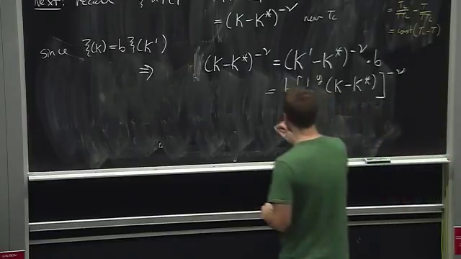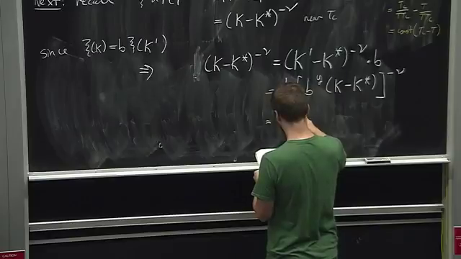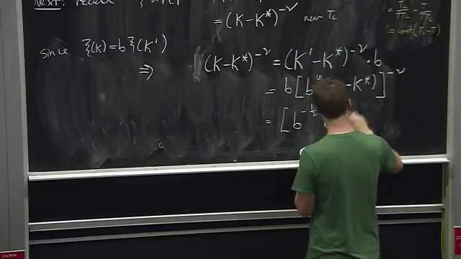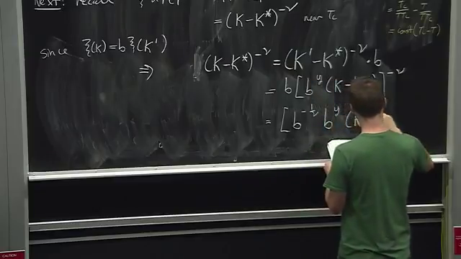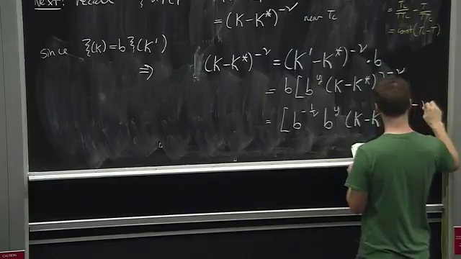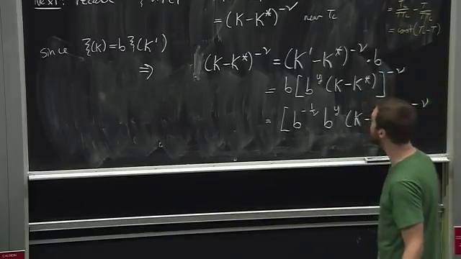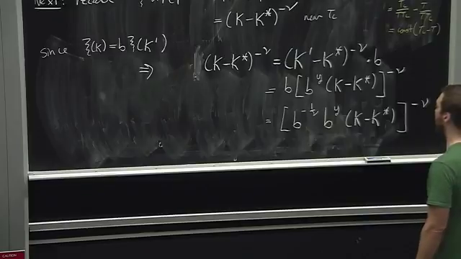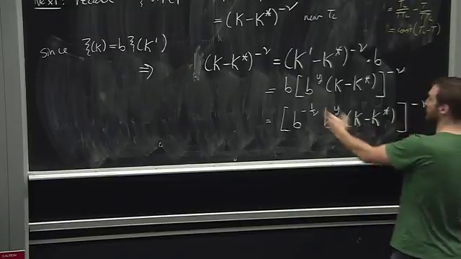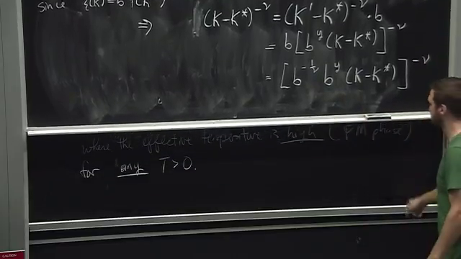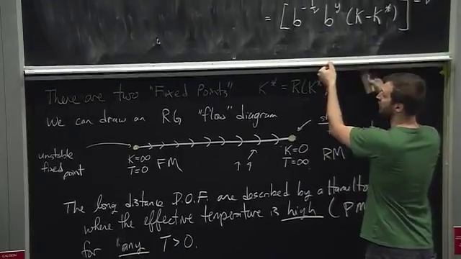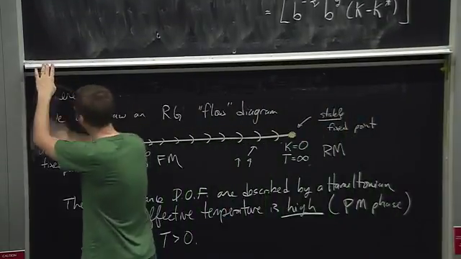Okay, so if I bring b inside, b to the minus 1 over nu, times K minus K star, everything is to the minus nu. Okay, so I have left-hand side and right-hand side. That gives me a constraint on b to these powers.